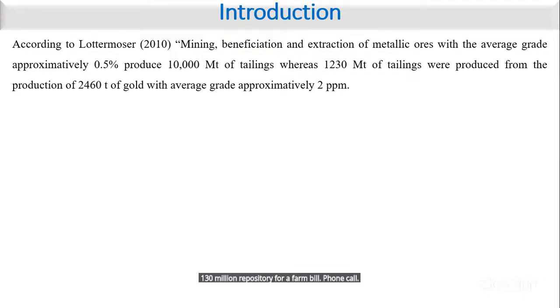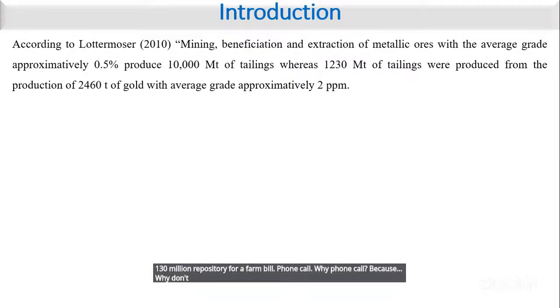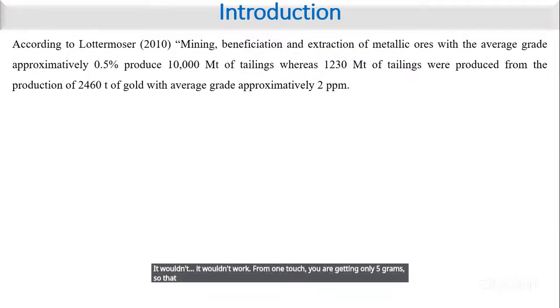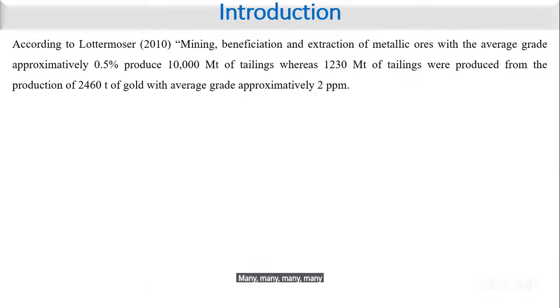Why from gold? Because from 1 ton of gold ore, you get only 5 grams, so you get large quantities of waste. For other metals, you get kilograms instead of grams.